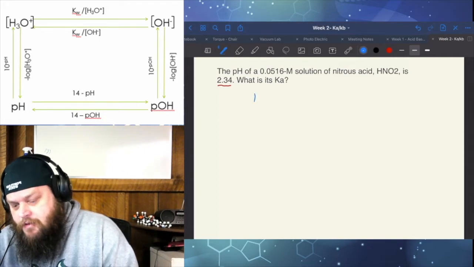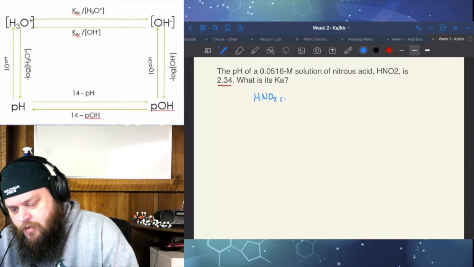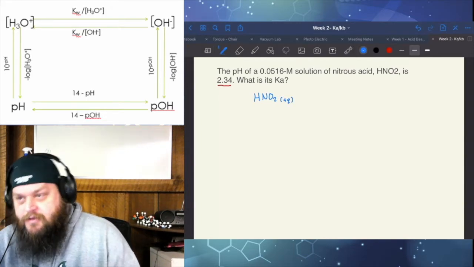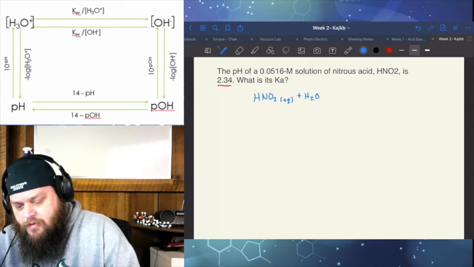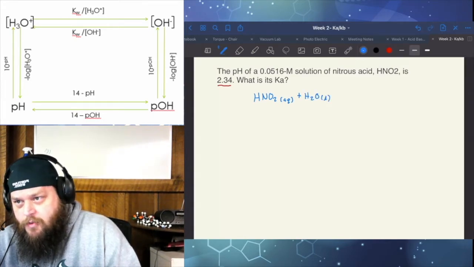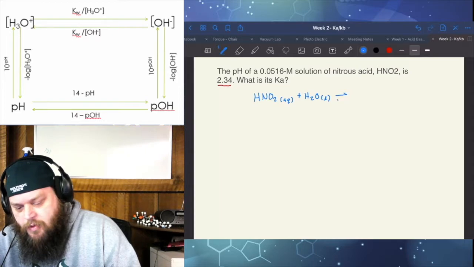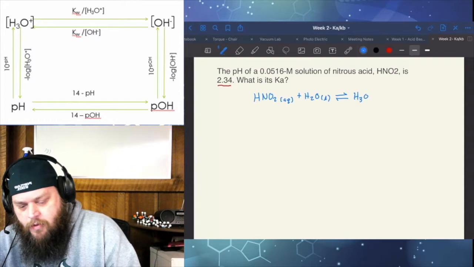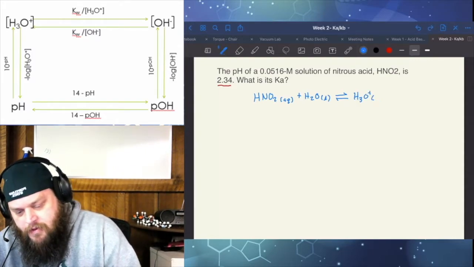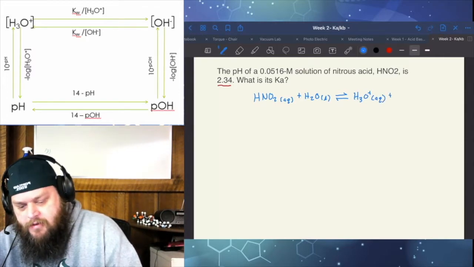This is HNO2, and it's aqueous, which means it's just floating in water, dissociating. We have H2O, which is a liquid. It's going to be in equilibrium with H3O plus, which is aqueous, plus NO2 minus.